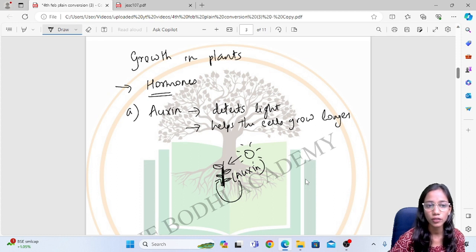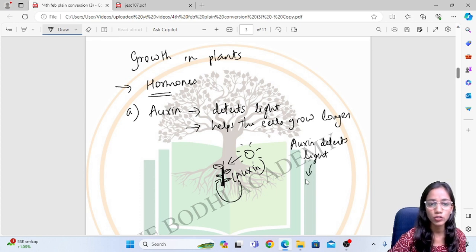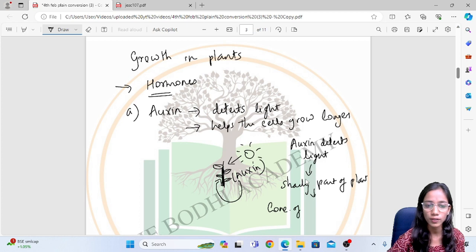Auxin concentration over here increases, so it goes to the shady side of the plant. The side which is exposed to the sunlight has auxin present, and when auxin detects light, it moves to the shady part of the plant, and over there the concentration of auxin increases.